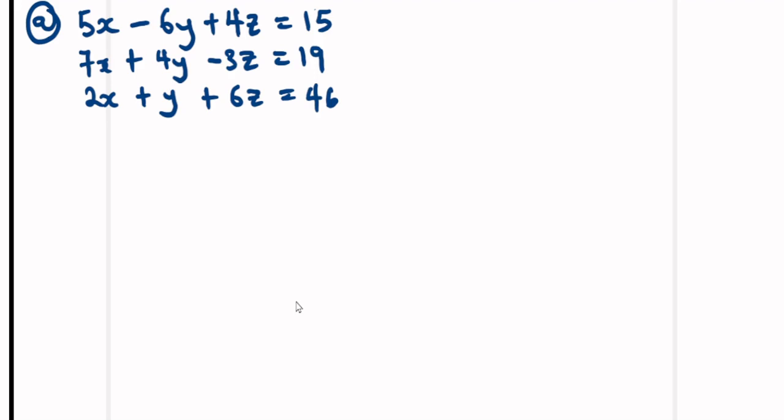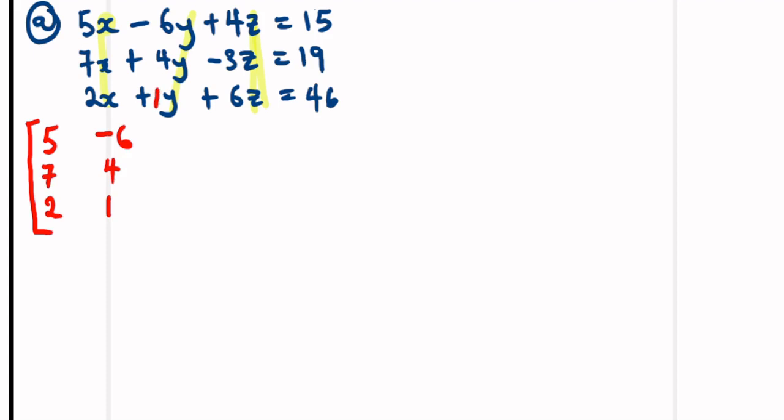So from our illustration earlier, the first thing we have to do is transform this into matrix form. Remember we are going to be bringing out the coefficient of x, the coefficient of y, and the coefficient of z. The coefficient of x is 5, then the second one is 7, the third is 2, and the coefficients of y are minus 6, 4, and then 1.